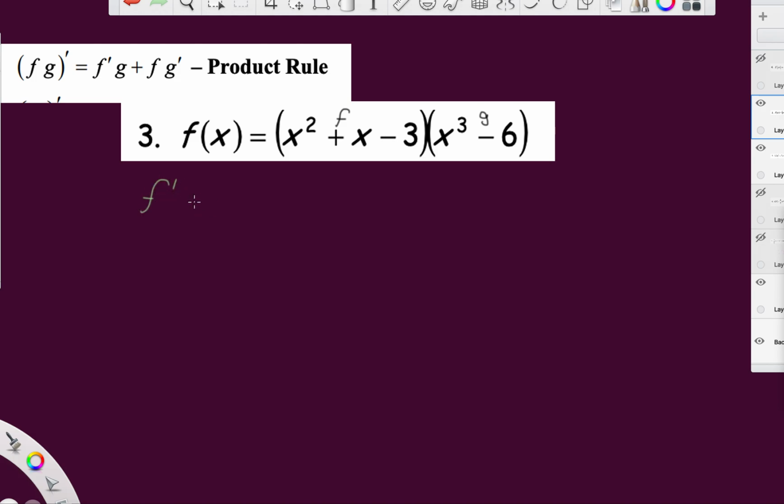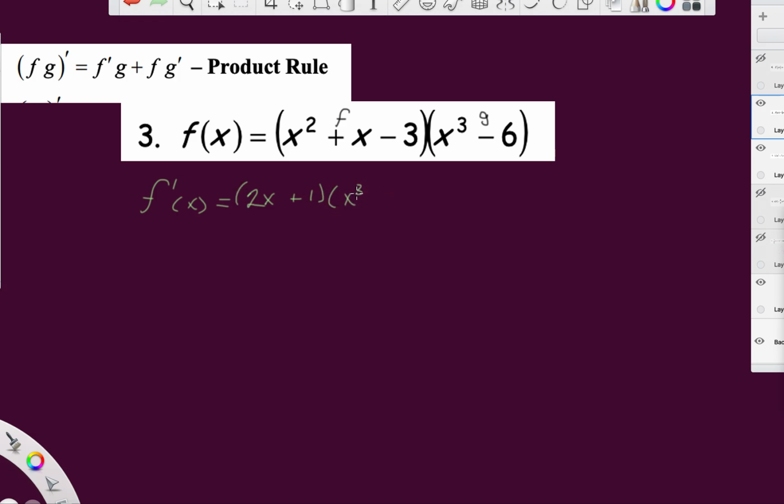Big F prime of x is equal to this little f over here, the derivative of, so that's 2x plus 1 times the whole of the other, right?